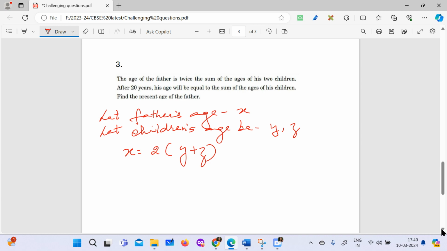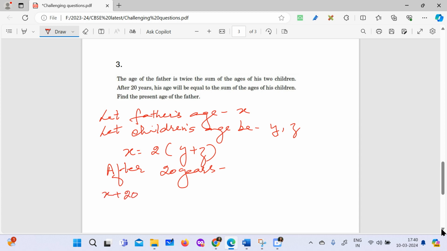Now this question says after 20 years, his age will be equal to the sum of the ages of his children. So after 20 years, father's age will be x plus 20.